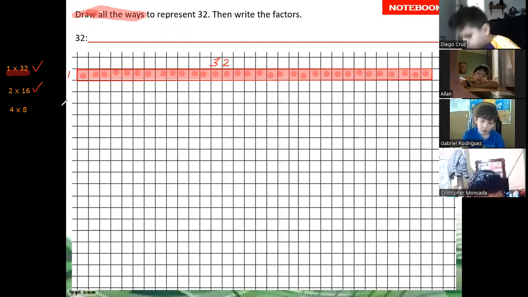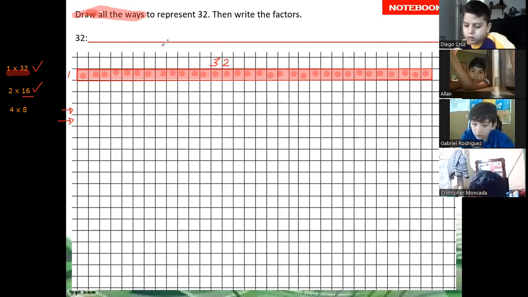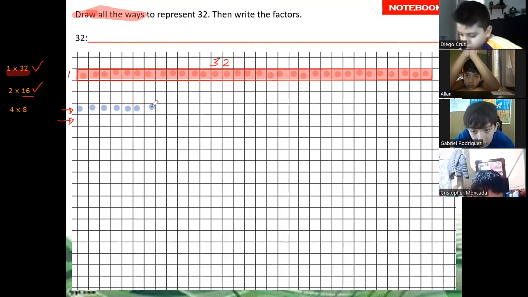In this case, it says 2. So I am going to work in 2 rows. And the second number tells me 16. So I am going to count 16. 1, 2, 3, 4, 5, 6, 7, 8, 9, 10, 11, 12, 13, 14, 15, 16.